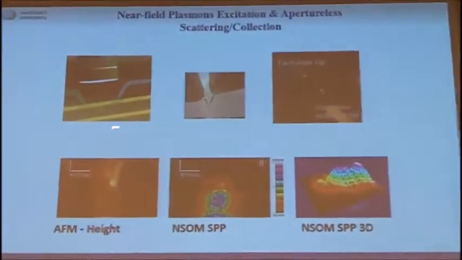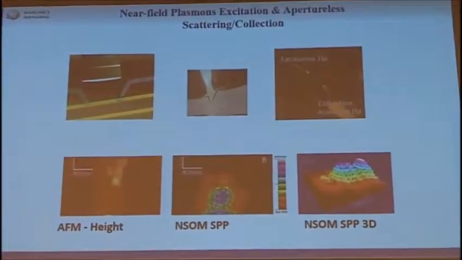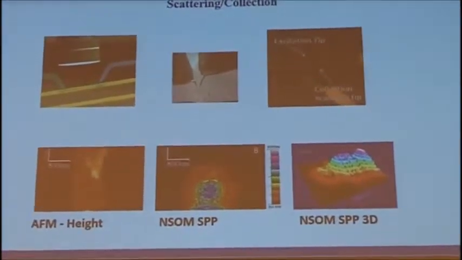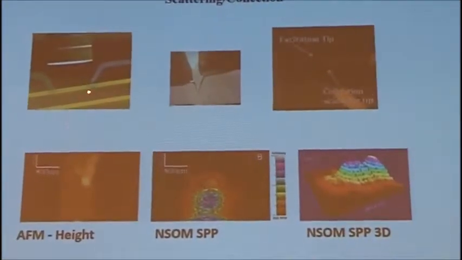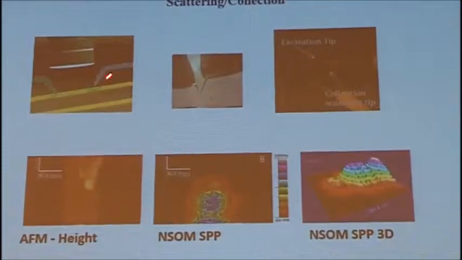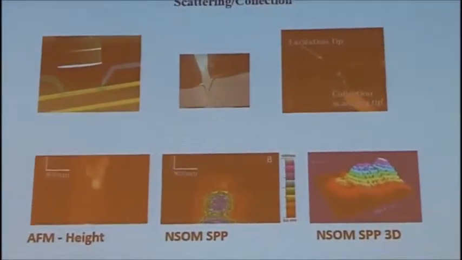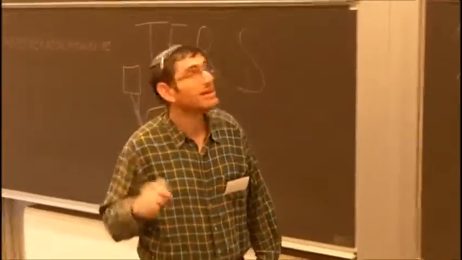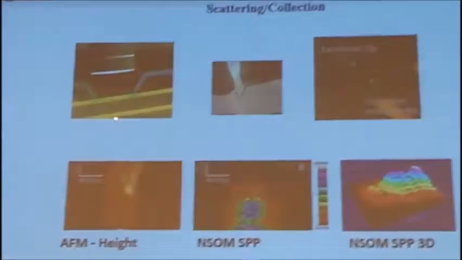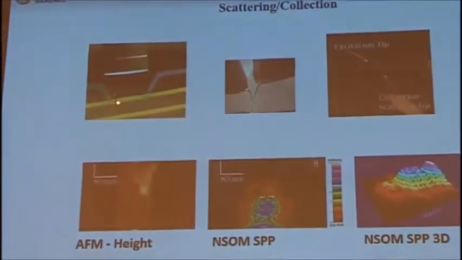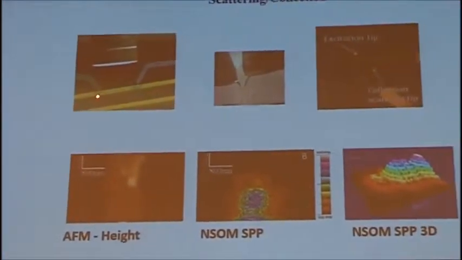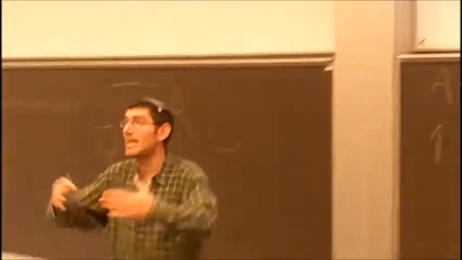Again, another similar one, but here we're not collecting with the aperture probe, but we have here a probe which is aperture-less. So this is glass, and at the end of it we have a metallic small particle, and that is scattering the light which is in the near field. Because here we have plasmons, surface plasmons. By illuminating the laser onto this spot, this creates surface plasmons.